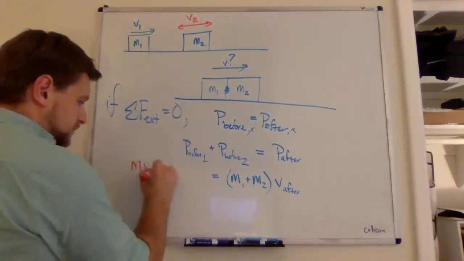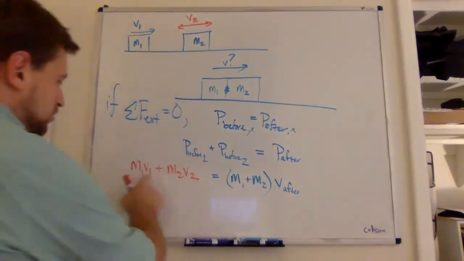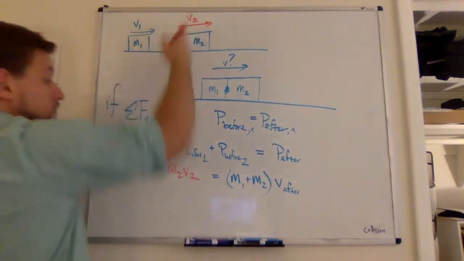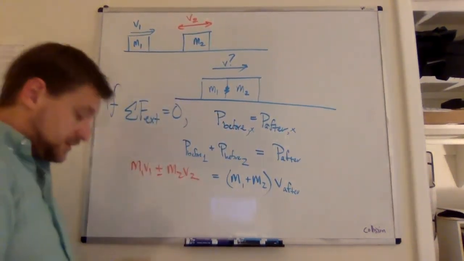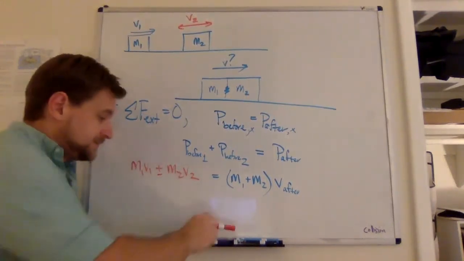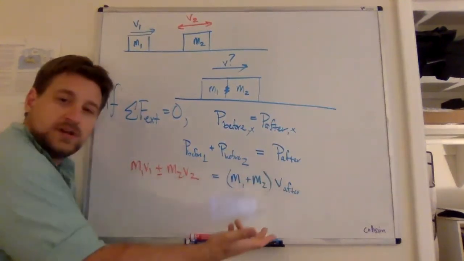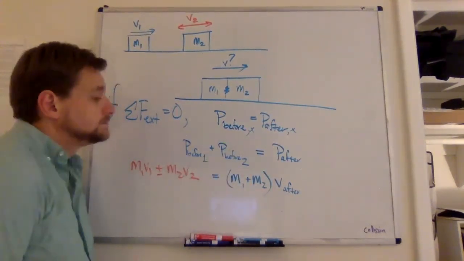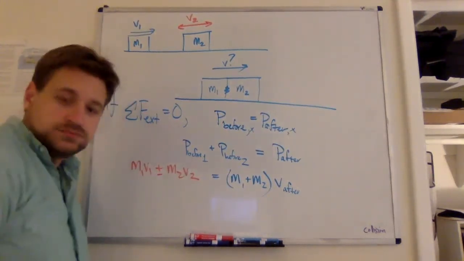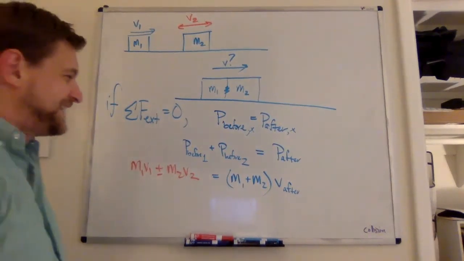It's m1 v1 plus m2 v2. As long as we know both of these things, now v2 could be positive or negative, depending which way it's going. Well, that's fine. As long as we know all 4 variables, there's only one unknown. So this is great. So we're done, right?